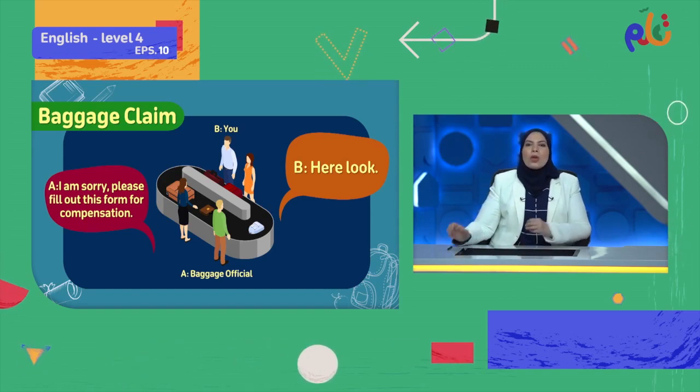Okay, so what happens is that when you check your bags in, and if you have any problems with your bag when you go to claim them or when you collect your bags back, there is a form for compensation.